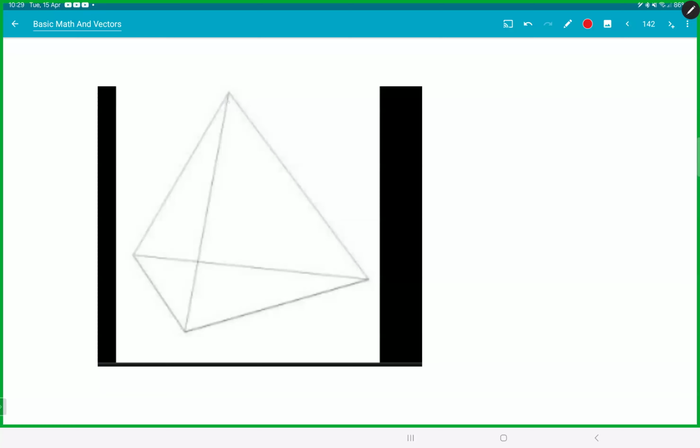So the components will look like this. We have 2 cos theta coming down, and the other two will also be 2 sine theta each. So the 2 sine thetas will form like a Y shape, and the 2 cos thetas will all add up downward.